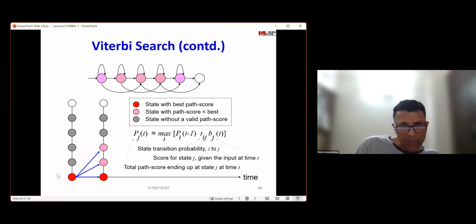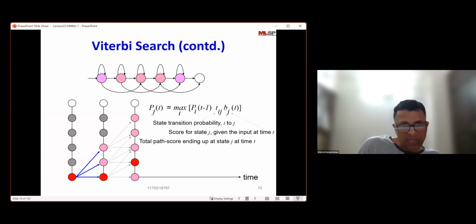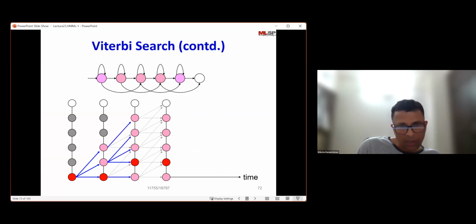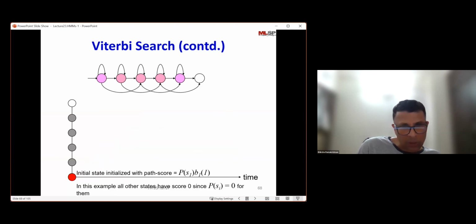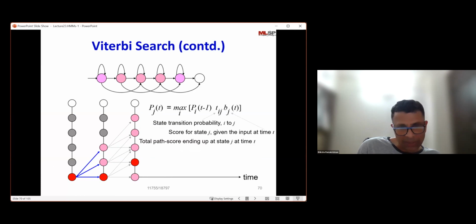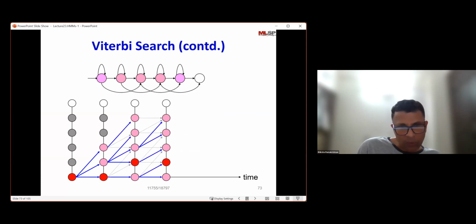So, again, you're just finding the max over all parents of the node of the product of the best path probability to the parent times the transition probability, right? And then you're factoring in the observation probability itself. So you can keep doing this: you'd find the best path probabilities to all states at the second time, and then the third time, and the fourth time, and so on.